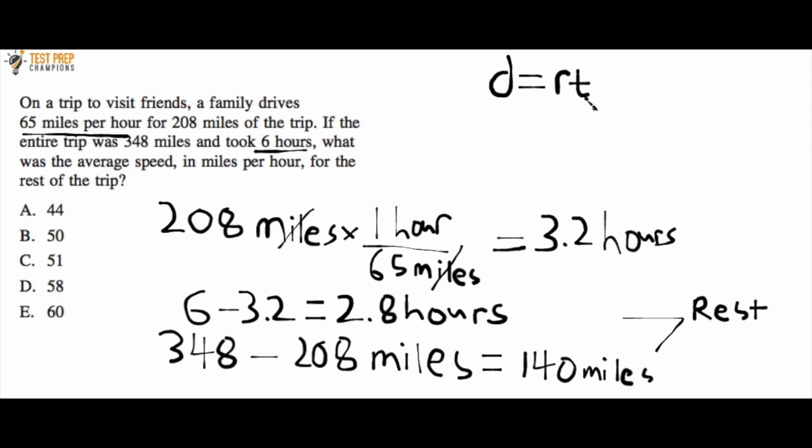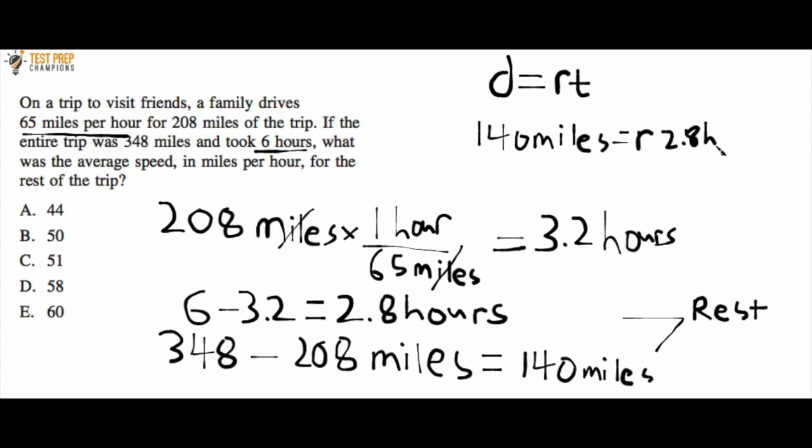So D equals R times T. The distance I know is 140 miles, and that is equal to R times the time, which is 2.8 hours.